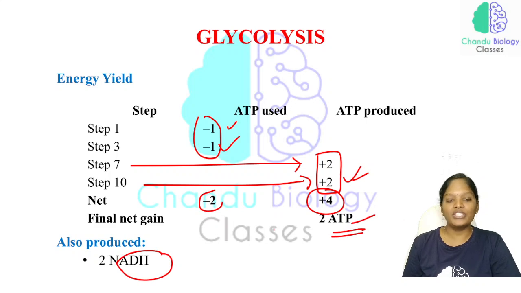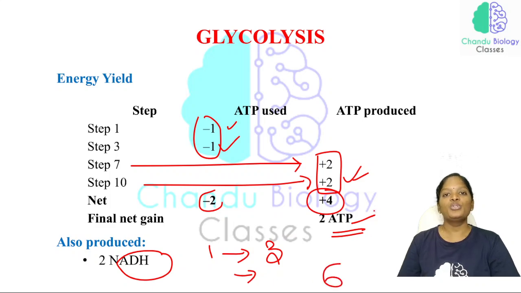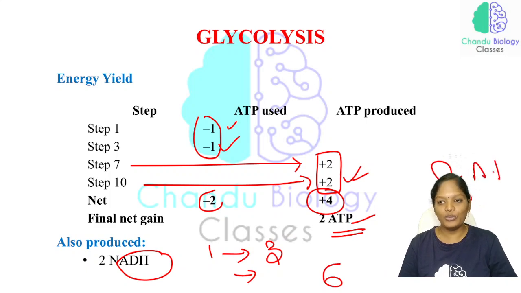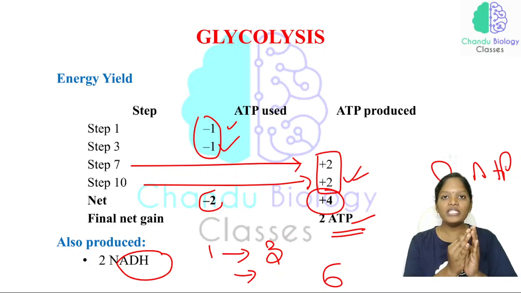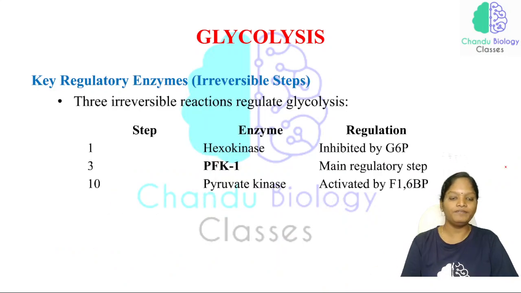If we want to convert this NADH into ATP, 1 NADH is approximately equal to 3 ATP. So 2 NADH is 3 into 2, totally 6 ATP. So totally in glycolysis 8 ATP will be produced. Okay, 2 ATP plus 2 NADH. If you convert this NADH into ATP, then 8 ATP. Don't confuse with this, right?